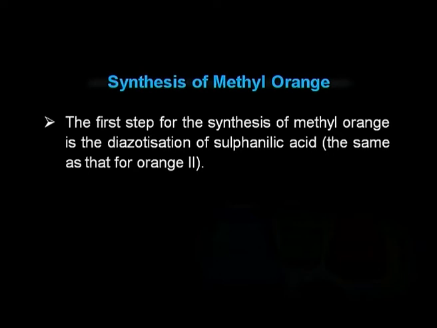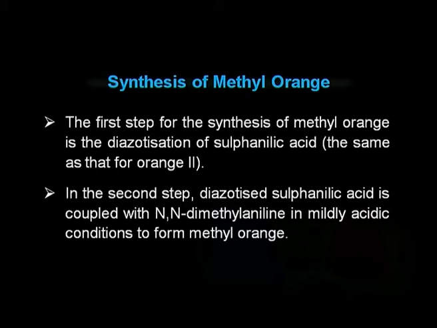We will now discuss the synthesis of methyl orange. The first step in the synthesis of methyl orange is the diazotization of sulfanilic acid, and as we have already mentioned earlier, this step is the same as that for orange 2. In the second step, diazotized sulfanilic acid is coupled with N,N-dimethyl aniline in mildly acidic conditions to form methyl orange.